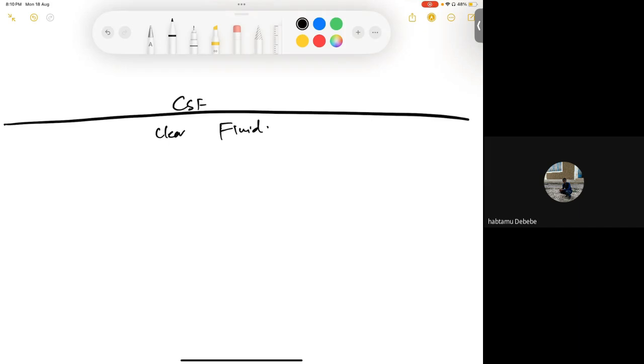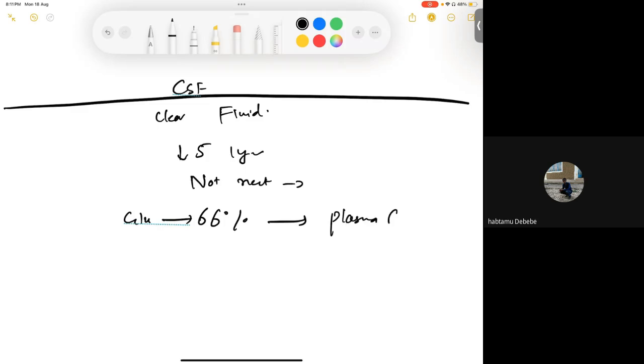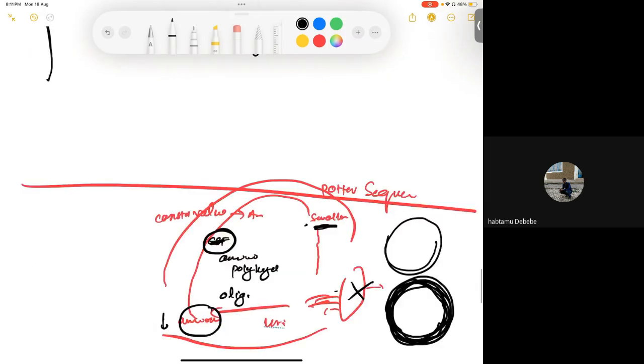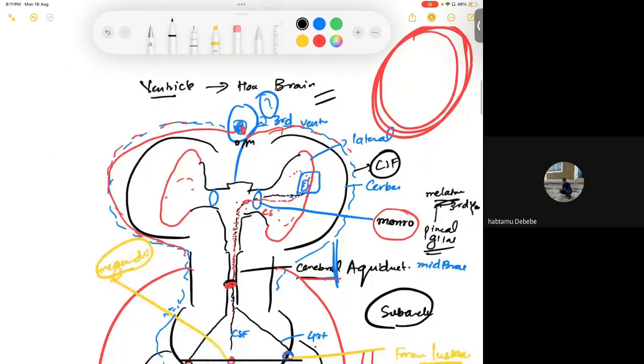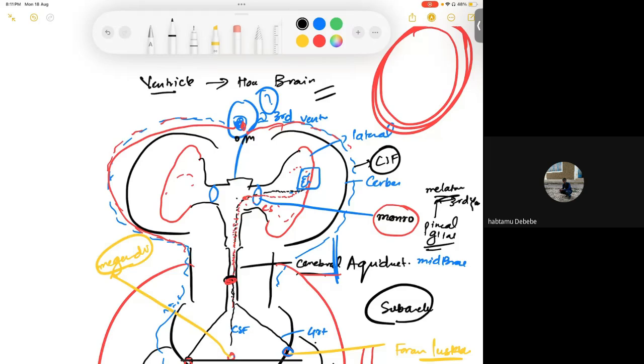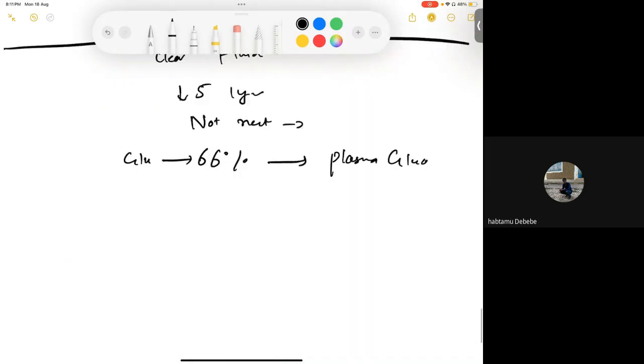Okay, so CSF is basically a colorless or clear fluid. We have less than 5 lymphocytes present. We do not have any neutrophils present within the CSF. Keep that in mind. The glucose concentration in CSF is normally 66% that of the plasma glucose level. It means that your blood vessel is going to dump glucose into the lateral ventricular space, and it can only dump 66% of glucose, right?